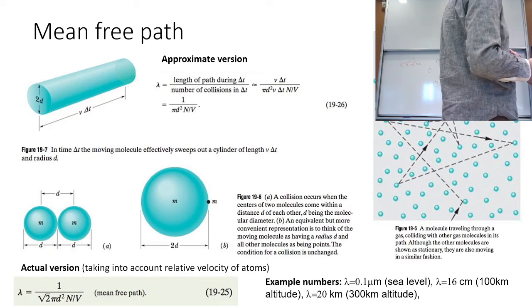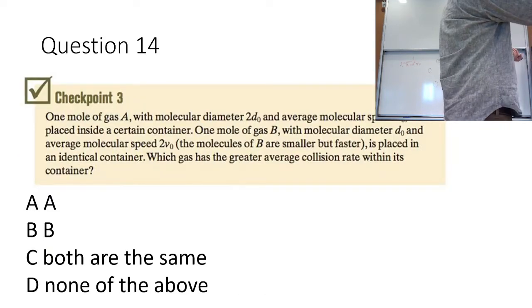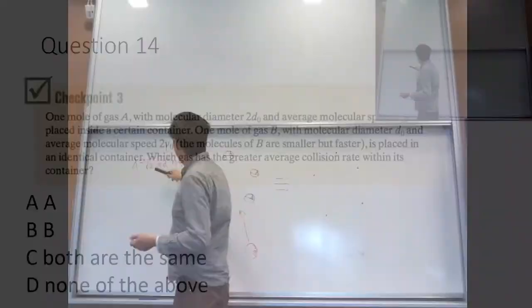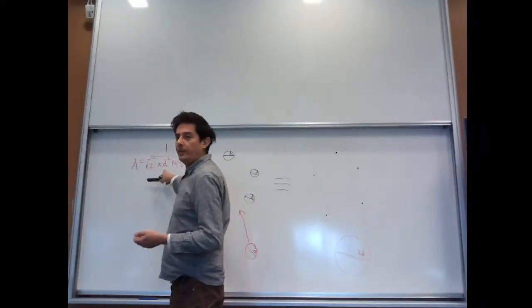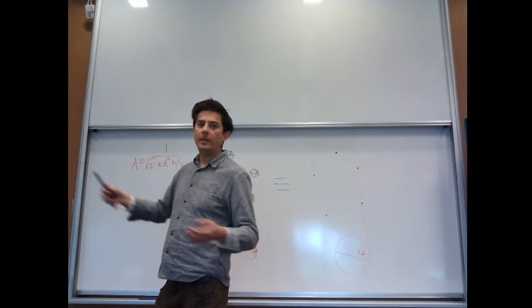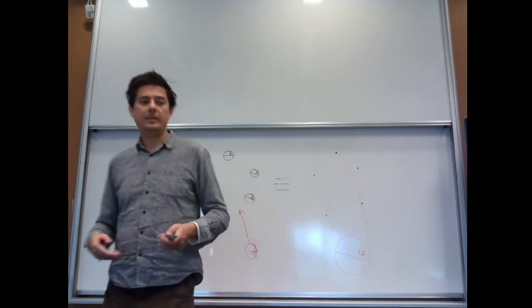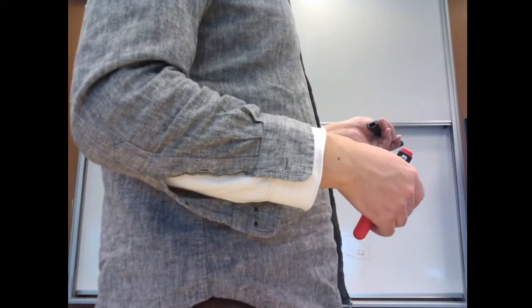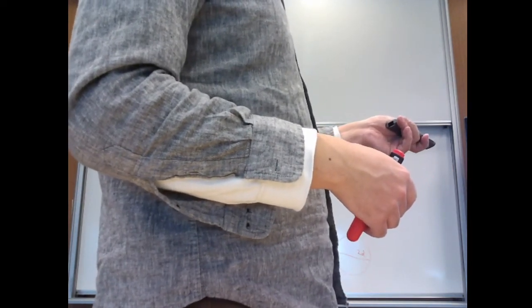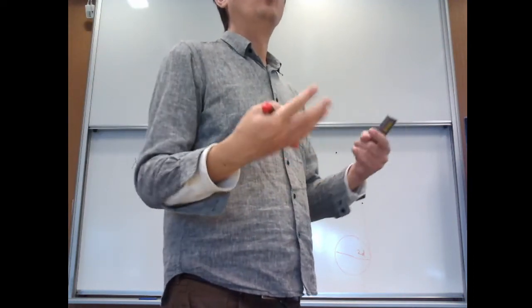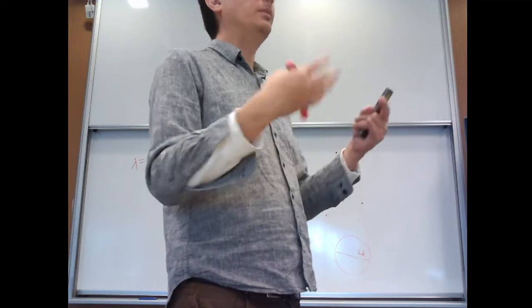Right. So basically, the answer is B, because for the mean free path, the smaller the diameter, the less likely it's going to hit something, and hence the mean free path is larger. But now to answer the question, which has a greater average collision rate? Collision rate means it bumps into stuff more, right? So a higher collision rate means it bumps into stuff more.